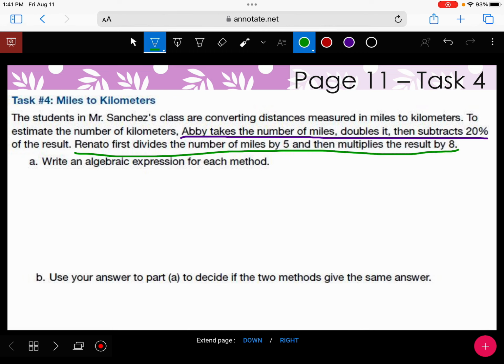So see if you can write an expression for each of those. See if you can write it in math. If you're stuck on Abby, try Renato. I think his is a little easier to write down first.